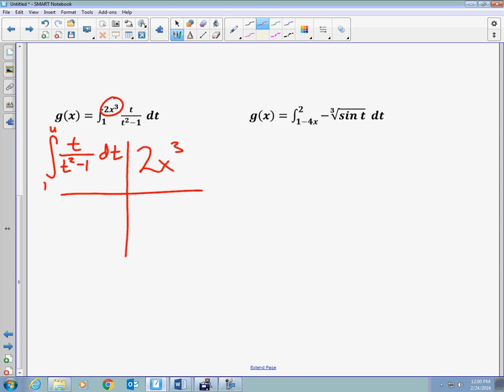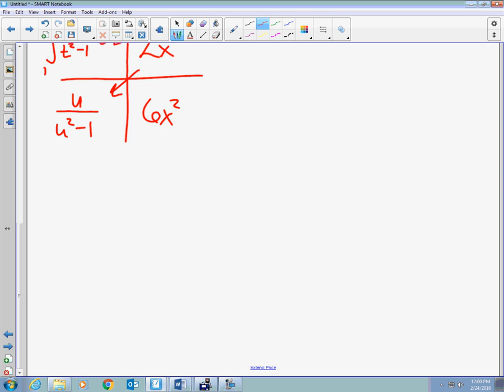So when I take this derivative, what am I left with? I write u over u squared minus 1. Remember, that gets plugged in. The derivative of 2x to the third? 6x squared. Remember when we used to practice problems just like that?